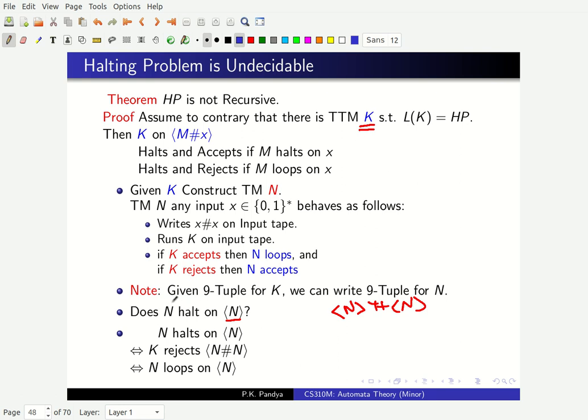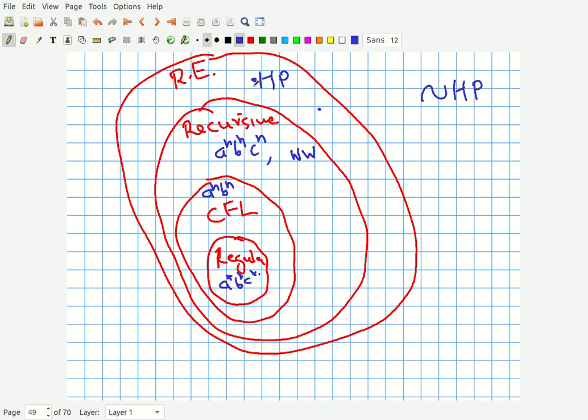And then we ask this question about N, which leads to absurdity, to contradiction. Hence, such an N cannot exist, and hence such a K cannot exist. That is what we show. And once we have this language HP, which is RE but not recursive, its complement is not even RE. So these are all non-RE languages, right? We have shown existence of such things.